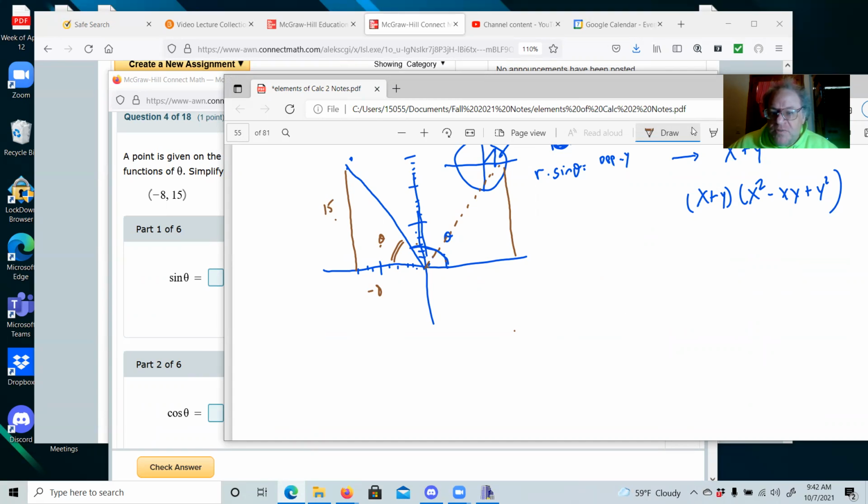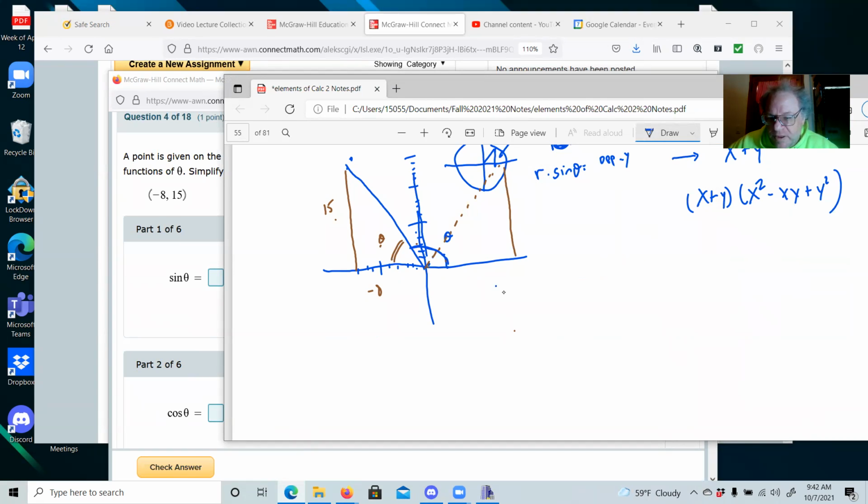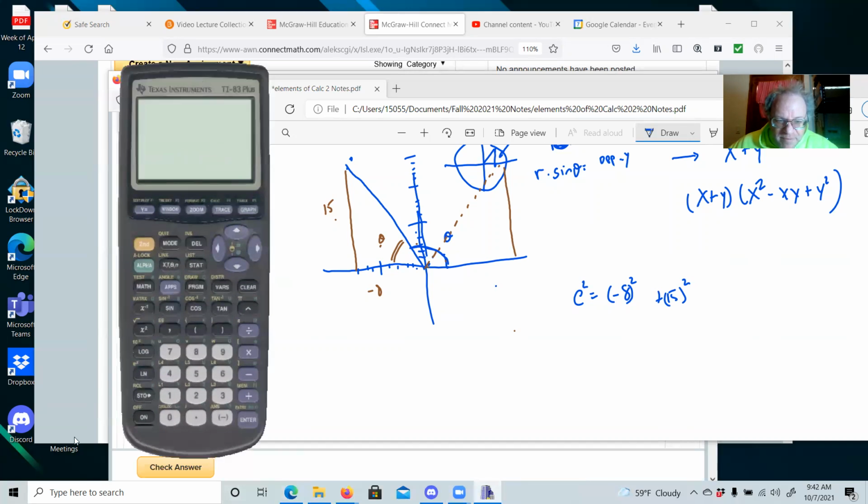What we really need to do is figure out the hypotenuse of this triangle here. So to figure out our c squared, we have -8 squared plus 15 squared. Be careful with your calculators. If you type in -8 squared, you know that the squared is a positive number.